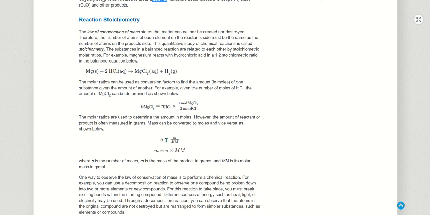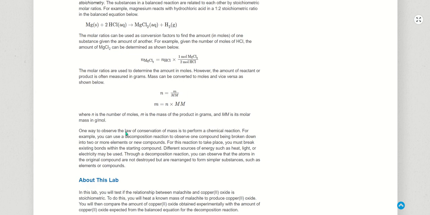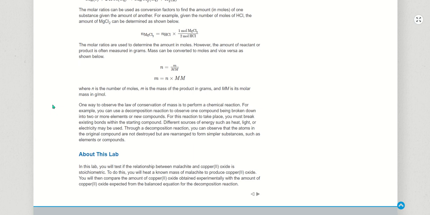And the way you can determine moles, if you needed to, is you take the mass, you divide by the molar mass, and that gives you moles of whatever you're searching for. So this is a reminder of how to get moles if you need that refresher. You just learned about this in lecture, by the time you should be watching this video.